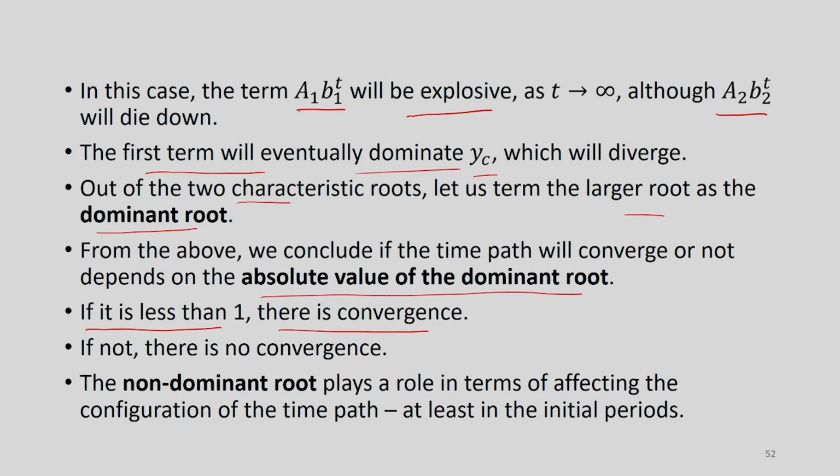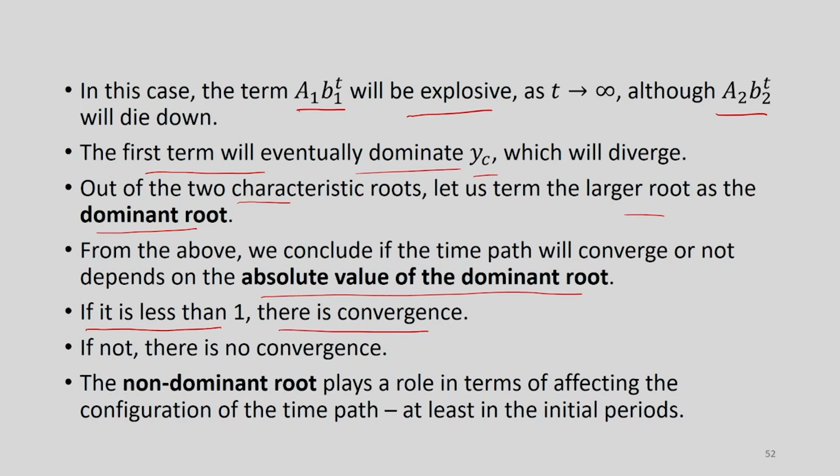What about the role of the non-dominant root? The non-dominant root, that is the smaller root in absolute value, plays a role in affecting the configuration of the time path, at least in the initial periods, because it has a kind of additive influence on y_c.